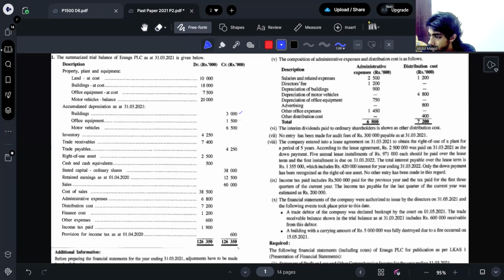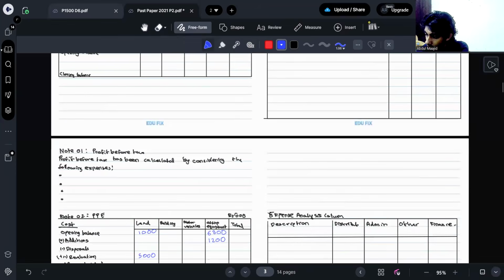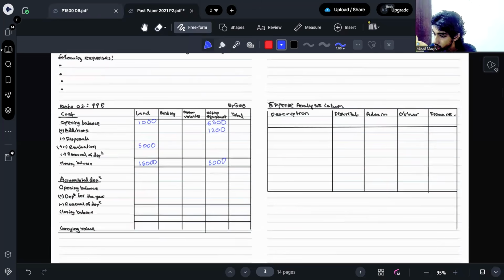3,000 and 1,500. Okay, 3,000 and 1,500. So building 3,000. Now office equipment, the entire depreciation we have to remove during the year because we are revaluing it.